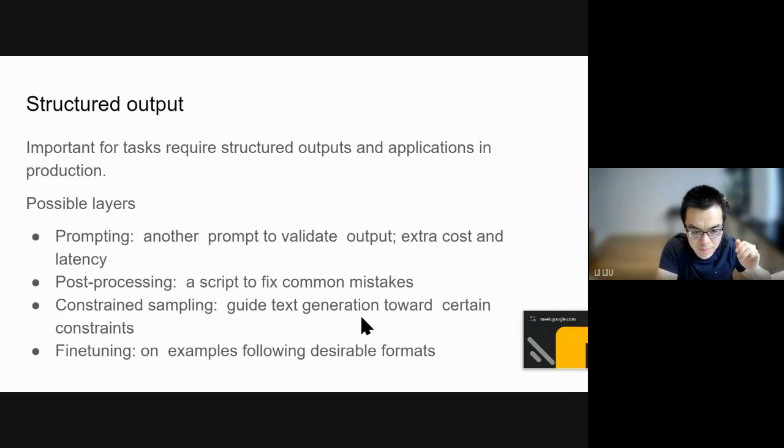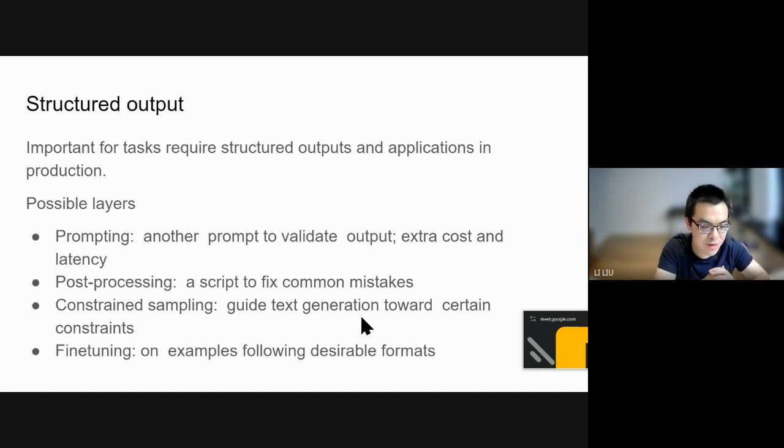But if we want to extract all the public figure names from a document, we can have another prompt to validate the output from the first prompt, to see whether the output is actually just names only instead of anything else. So this is one way, but it will add extra cost and latency.